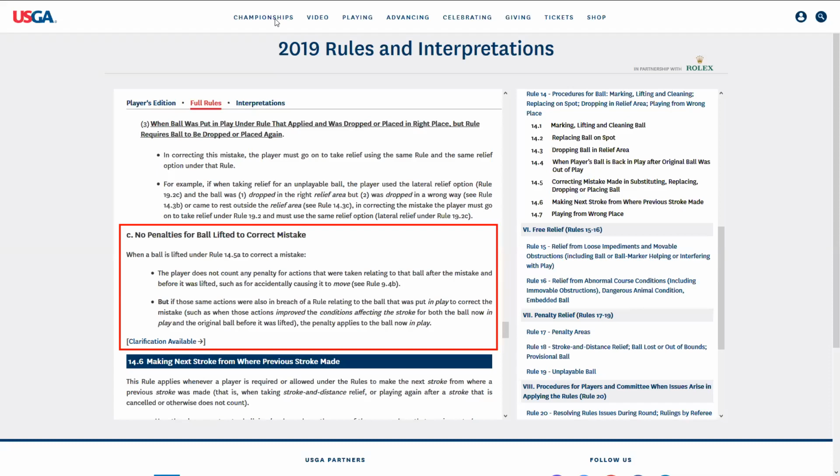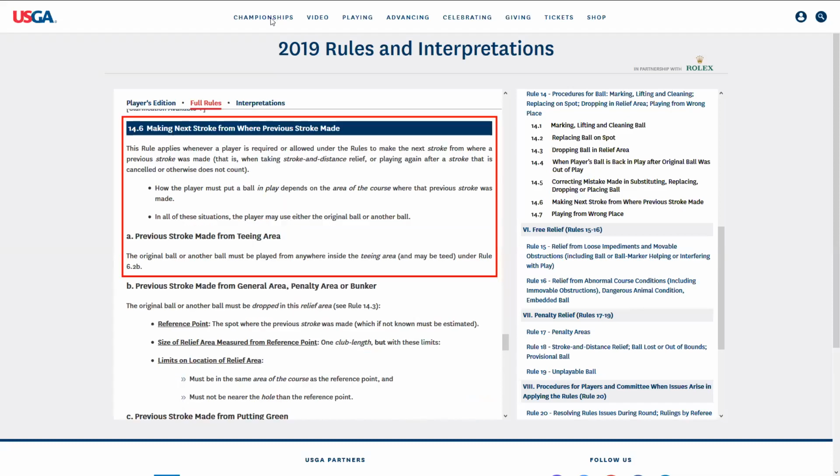What that's saying is if you then, let's say you pushed dirt, patted down dirt in the relief area to play the ball, and then when you corrected the error, you dropped it in the relief area where you had moved the dirt, that penalty is still going to apply because the new ball that you put in play has been affected by your actions. That's what that exception is getting at.